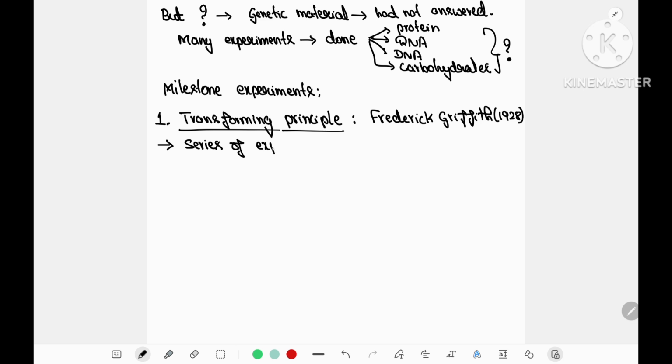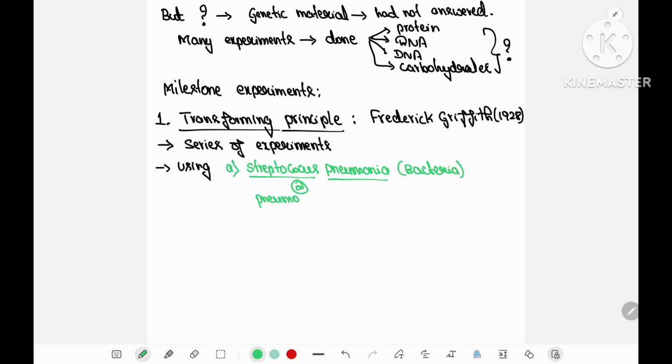Griffith conducted a series of experiments using bacteria, which were tested on mice. They may ask questions like which organisms were used by Frederick Griffith to demonstrate the transforming principle, as 1 mark, 2 mark or multiple choice questions in competitive exams.